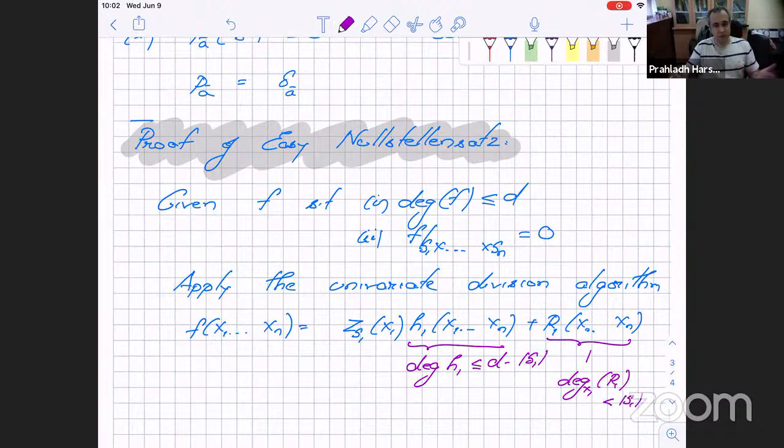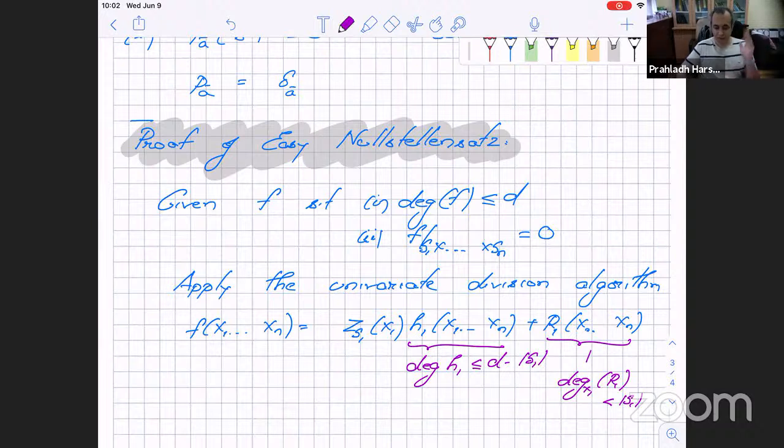That's what division does. The degree of the quotient will be smaller than the degree of the original polynomial, what is called the dividend, and the degree of the remainder will be smaller than the degree of the dividend.